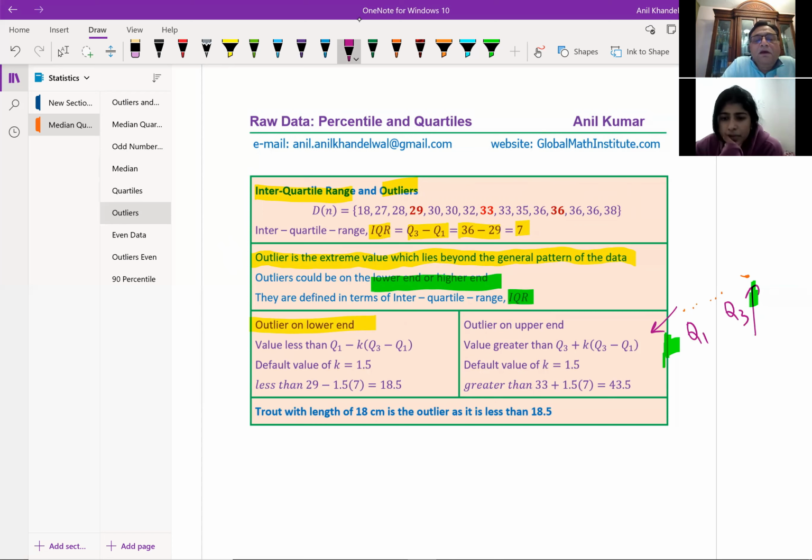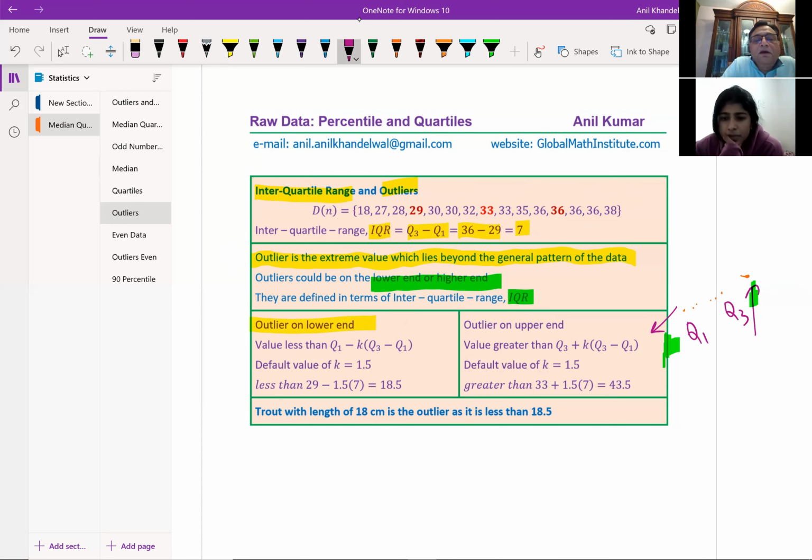So we have used the values which we calculated. 29, which was Q1, minus 1.5 times 7 gives you 18.5. Now clearly, 18 is less than 18.5, and therefore that is an outlier. Up to 18.5, we accepted the data, but beyond that, we say it is outside.